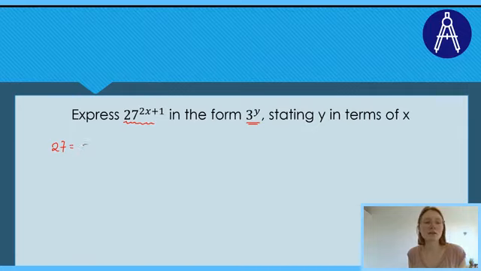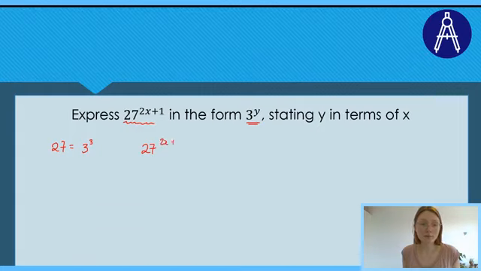It can be written as 3 to the power of 3 because 3 times 3 times 3 is 27. Now this 27 is raised to the power of 2x plus 1. So instead of 27, I'm going to write 3 cubed, and that is to the power of 2x plus 1.